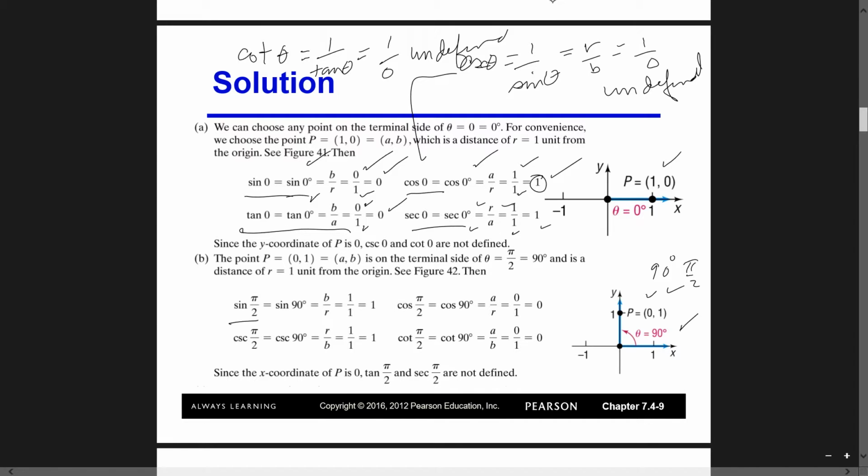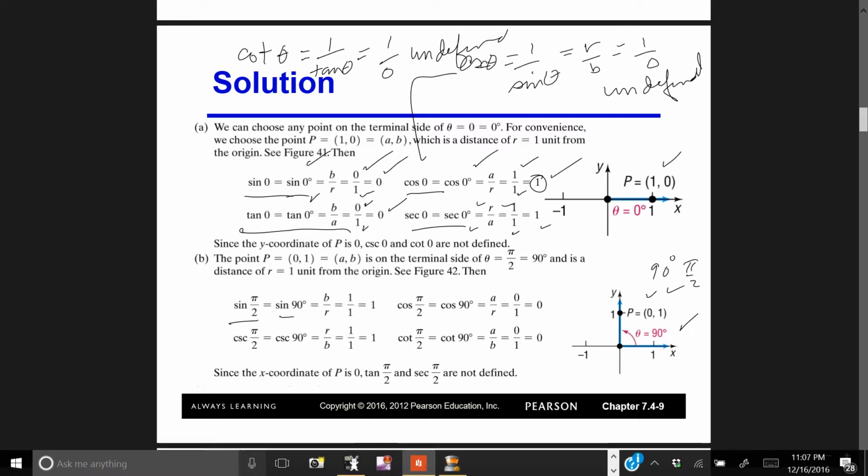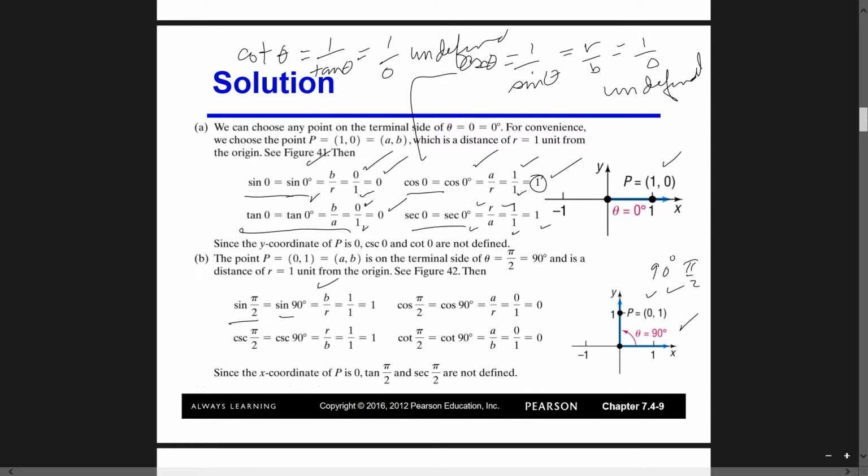So sine of pi over 2, sine of 90 degrees, is going to be b over r, which is 1 over 1, equal to 1. So the sine of 90 degrees is 1. The cosine of pi over 2, or 90 degrees, is going to be a over r, which is 0 over 1, which is 0.